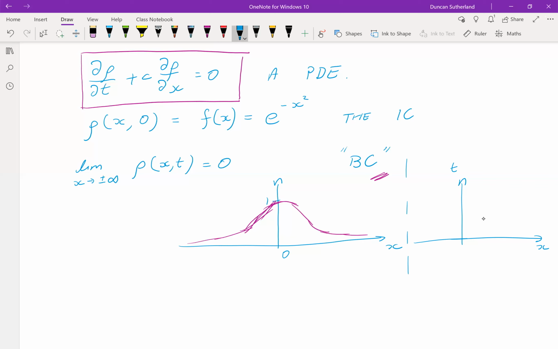What we do is we reduce our PDE to two ODEs.